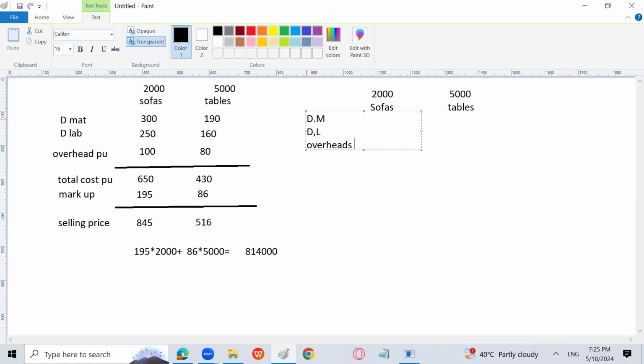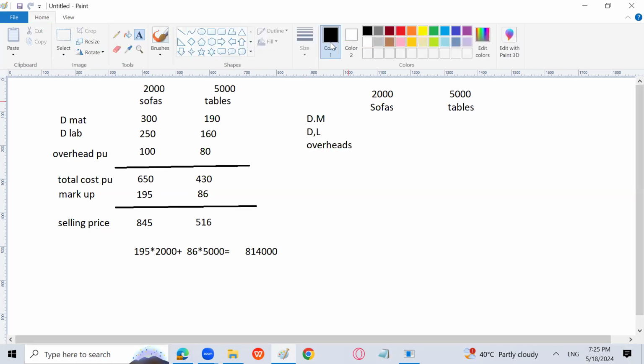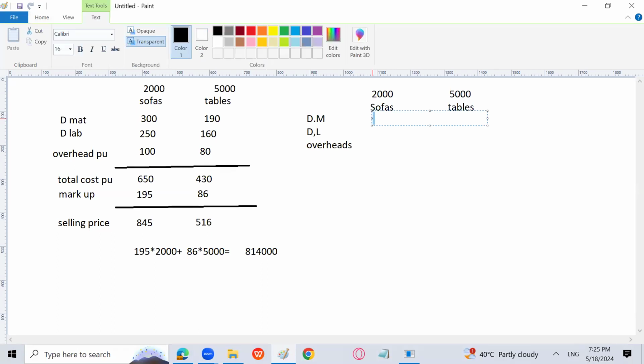And then it is going to be the overheads. I will write overheads step by step, all overheads, but in steps. If you want to calculate it separately and then write the per unit overheads directly over here, you can do that also. But I don't find it easy going down to the working and then coming back over here. I believe that you can do it in the question paper.